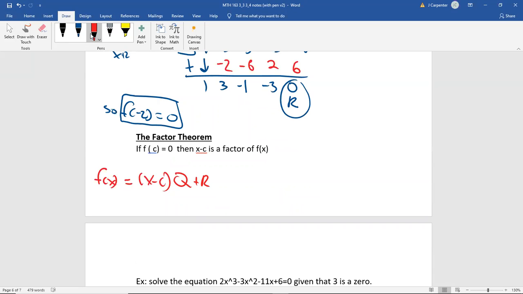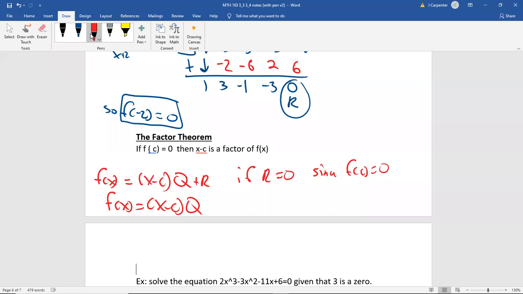Well, if the remainder is 0, since f of c is equal to 0, so if you put the c here and you get 0, there is no number here. F of x is equal to x minus c times the quotient.